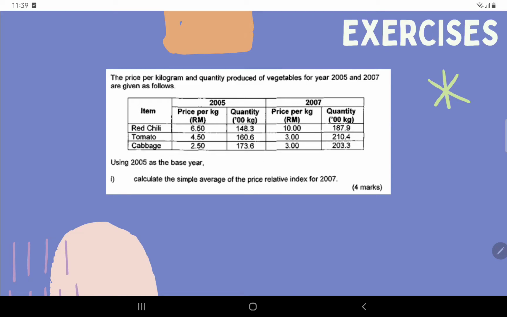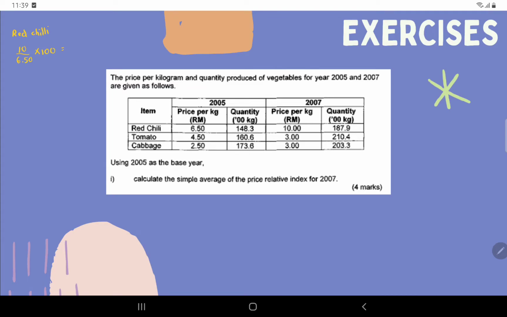Okay, so first we calculate the price relative index for each of the items. Okay, for red chili, the price relative index for 2007 is RM 10 divide by RM 6.50 as the base, okay, and then times with 100.